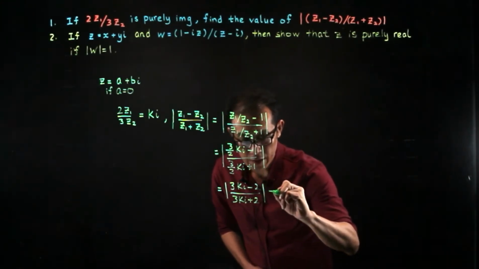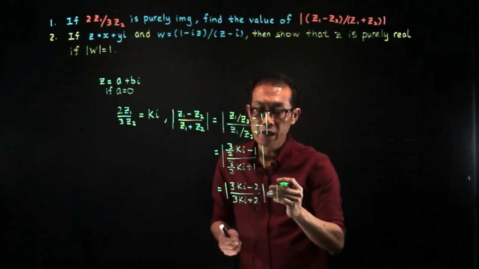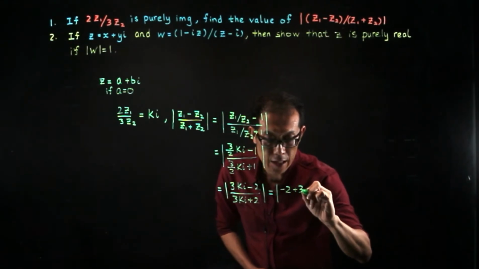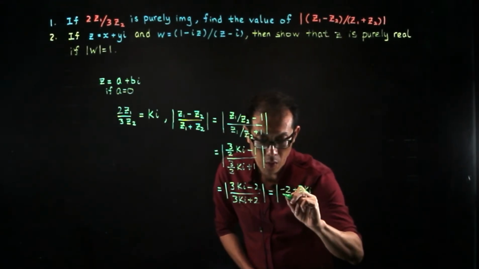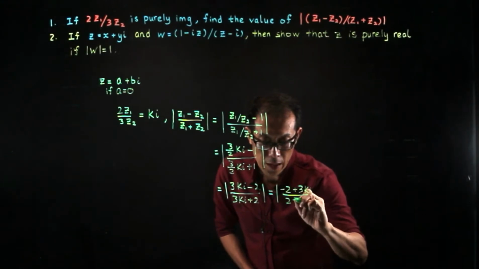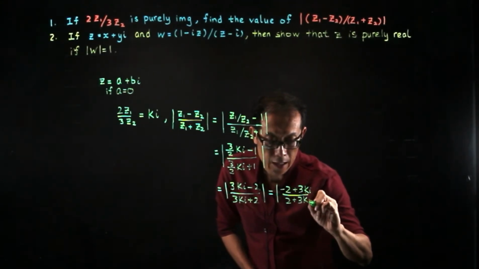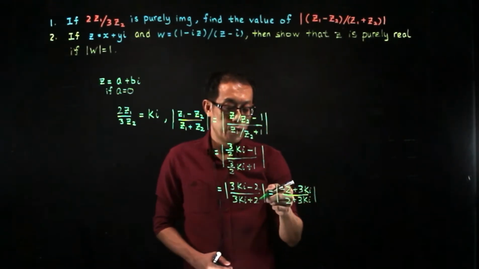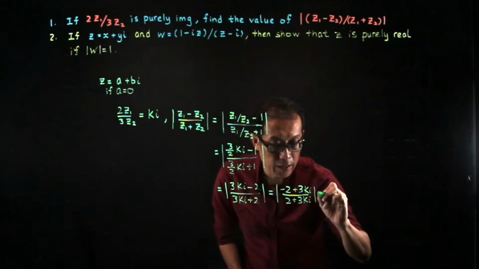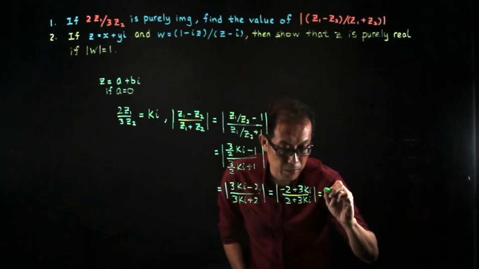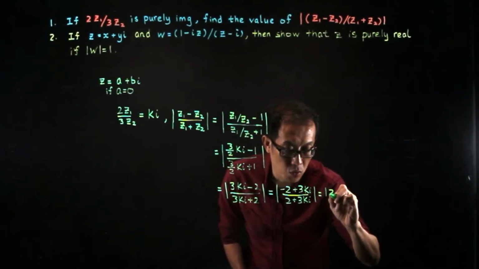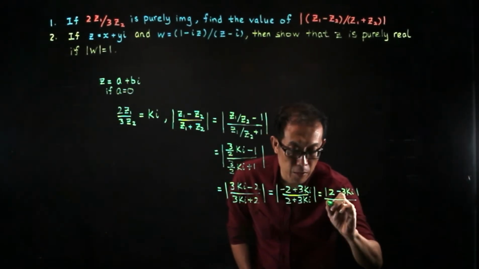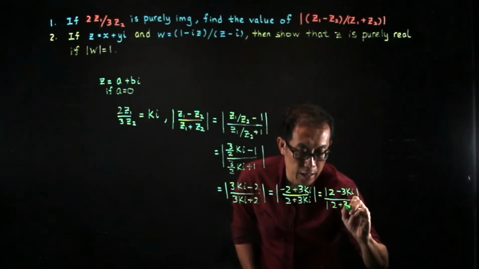We are more familiar with the real part being in front, so it will be equal to minus 2 plus 3ki over 2 plus 3ki. Now, we can take out the minus 1 from the numerator, so this will be equal to 2 minus 3ki over the modulus of 2 plus 3ki.